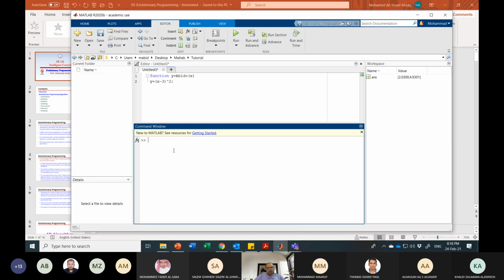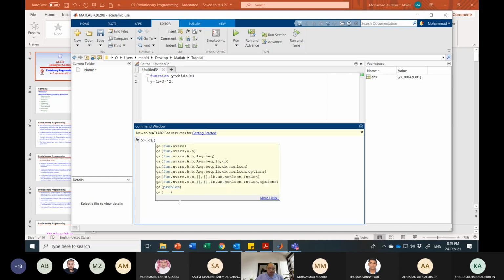You have two options in order to solve using the genetic algorithm. You can use the command window here, or you can use the graphical user interface. Let us see if you use just the command line. There is a function in Matlab called GA, the genetic algorithm.